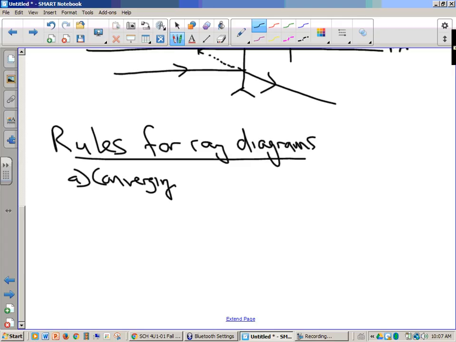So somewhere down in the top third, take your ruler, draw yourself a nice principal axis. And as good as you can, make a perpendicular lens.